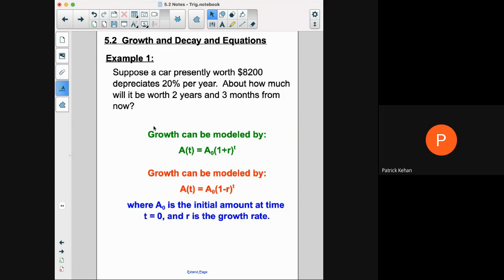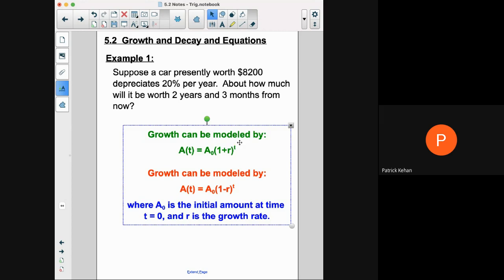So back in section 5.1, we learned about the exponential growth and decay models, where A of t is the overall value or output. A sub 0 here is the initial value, the starting value. Then 1 plus the growth rate, where R is a numerical value and not a percentage, and t is the time.